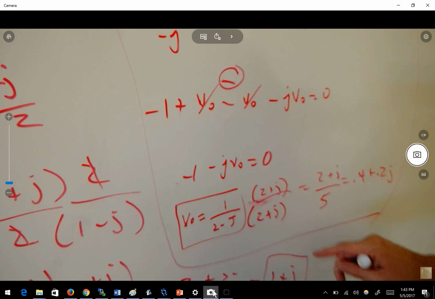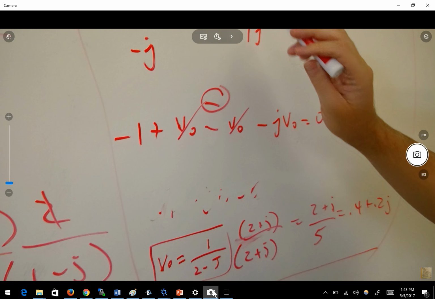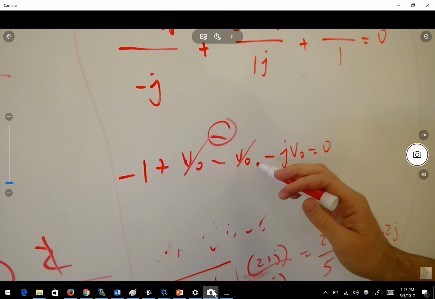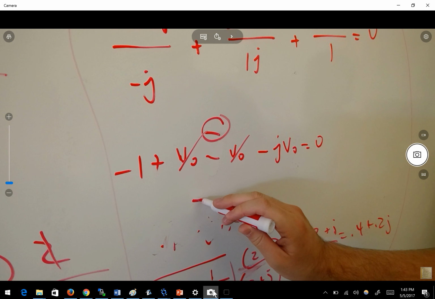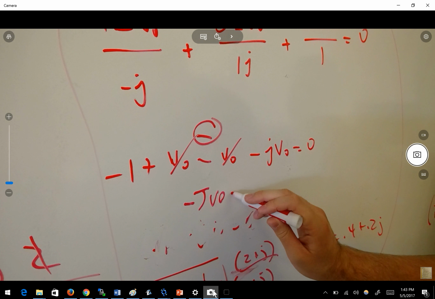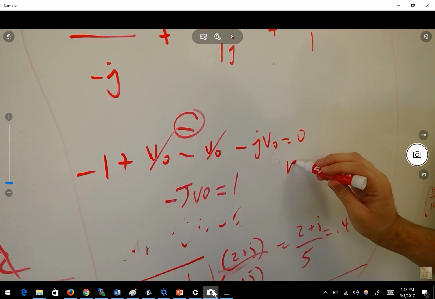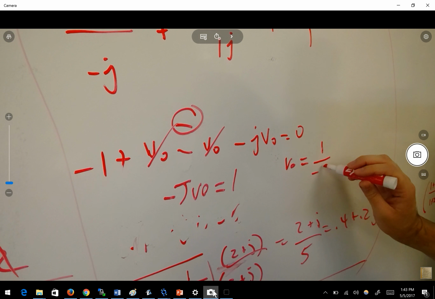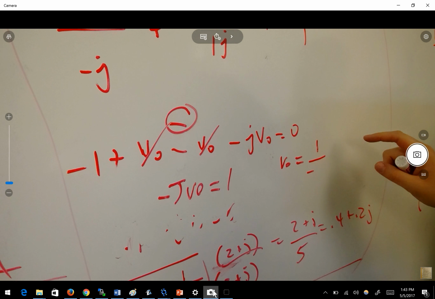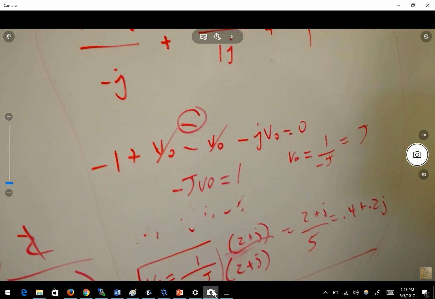That's a problem. Maybe I'm jumping ahead too fast. Hold on. We multiply through by J, and these two cancel out, and then that becomes minus JVO is equal to 1. So VO equals minus 1 over minus J, which is just J. Right? Does VO equal J, or does VO equal 1 plus J? Man, we're screwed.